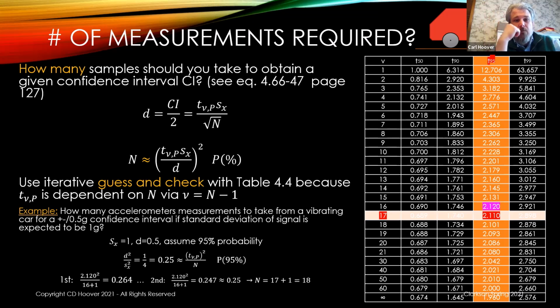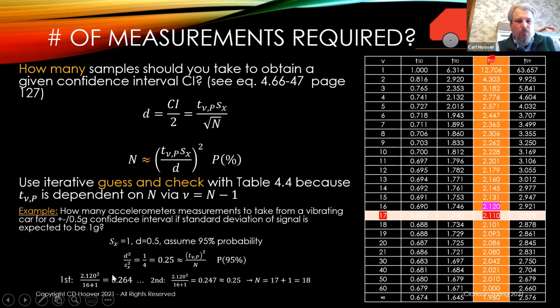So D is 1 over 2, at 95% probability. So D squared over SX squared equals a quarter, 0.25, which we can start iterating from.